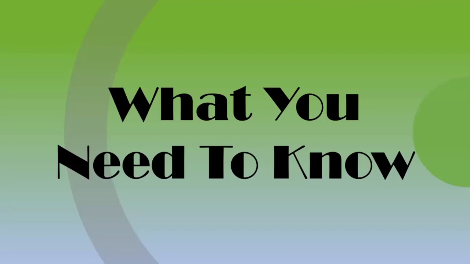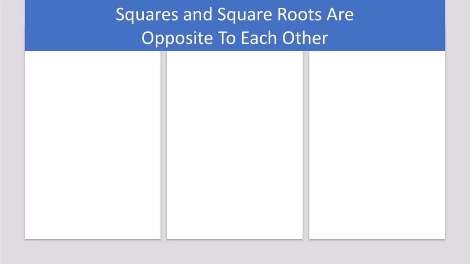Hello and welcome. Let's see what you need to know before we get into the questions. We start with squares and square roots, which are opposite to each other. What do we mean by this? If you take an x and square it, you get x squared, that's y.